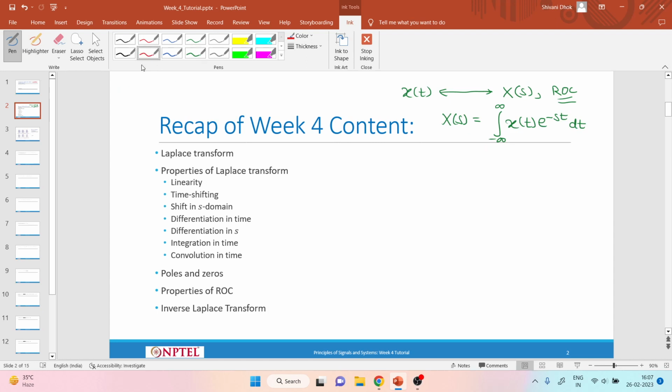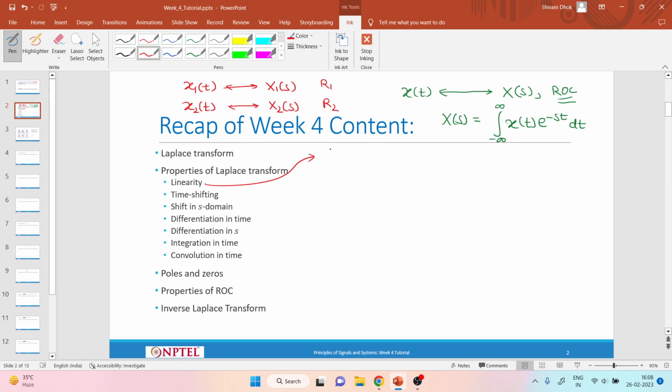Now along with this, there were several properties of Laplace transform that were discussed in this week 4. The first property that was discussed was the linearity property. Suppose there are two signals x1 of t and x2 of t, and x1 of t has its Laplace transform as x1 of s, and x2 of t has its Laplace transform as x2 of s, and this has ROC R1, this has ROC R2.